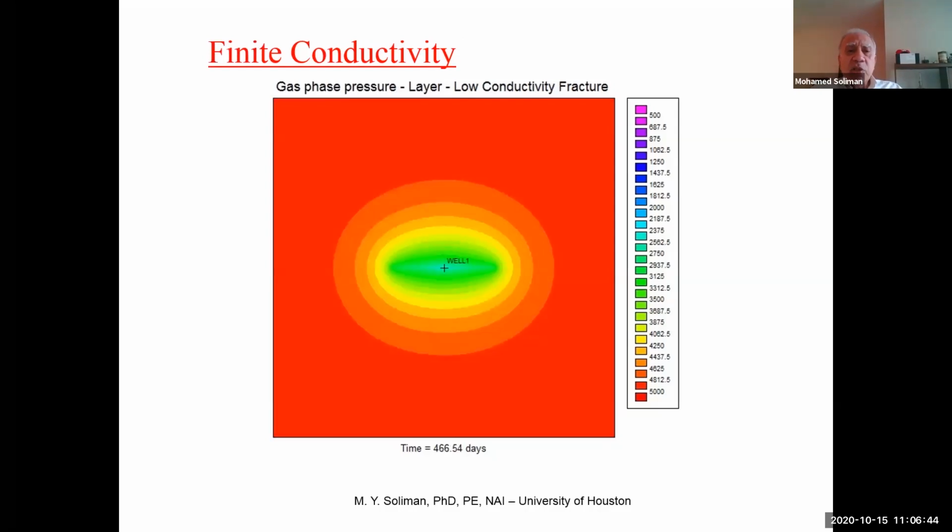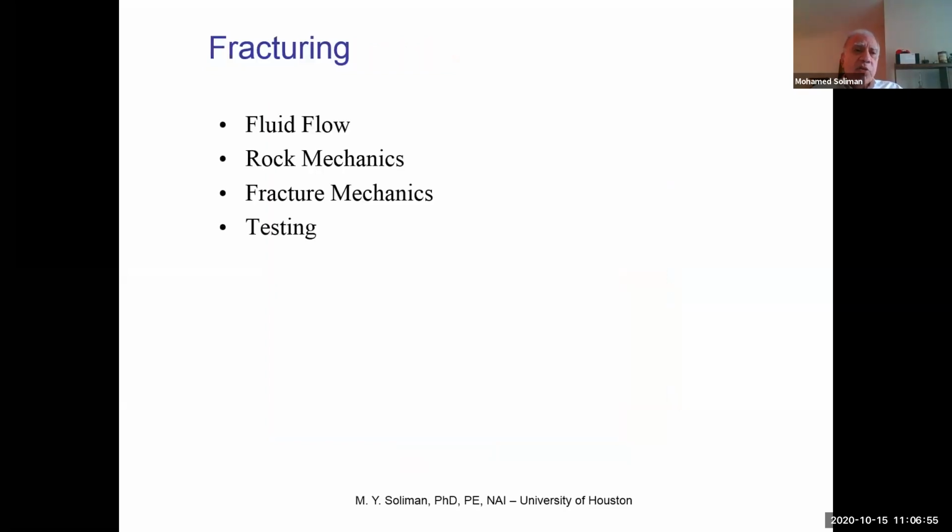And you can see with time, you end up seeing further and further into the formation, but the elliptical behavior is more dominant here till eventually you reach the pseudo-radial flow, which is almost radial flow. It is still kind of elliptical. However, the major and minor axes of the ellipse are almost equal. If they are almost equal, then we almost have radial flow.